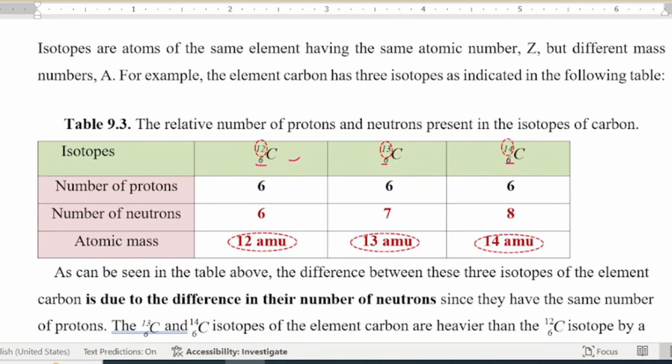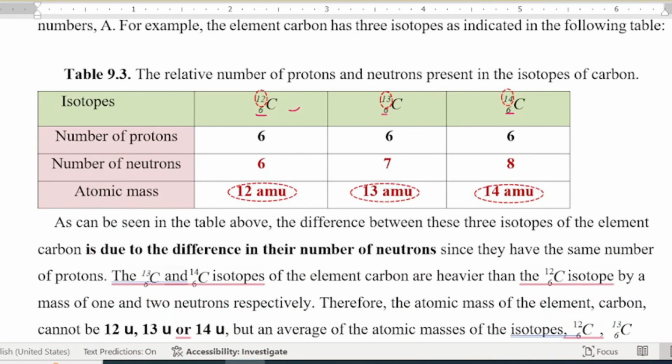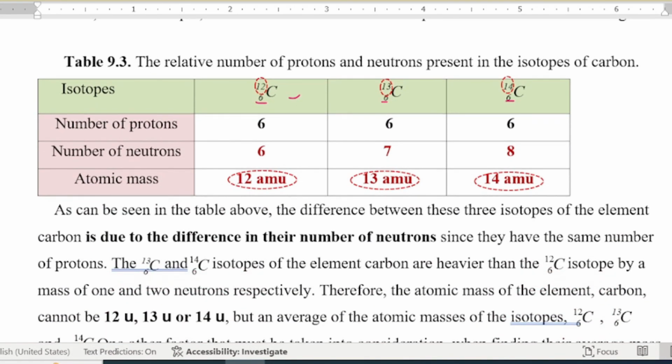Now we will revisit this concept of isotopes. Recall from video 3 that carbon has 3 isotopes: carbon 12, carbon 13, and carbon 14. Again, we use the mass number here to find the atomic mass here. So this is the atomic mass of carbon 12, 13, and this one 14.